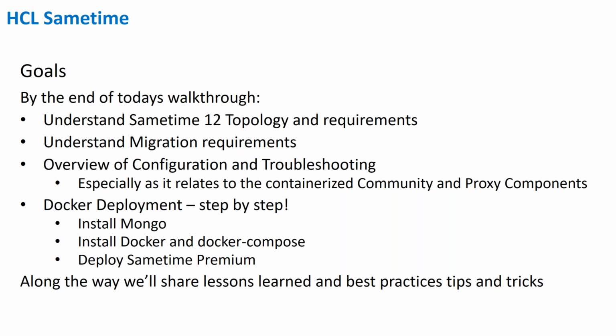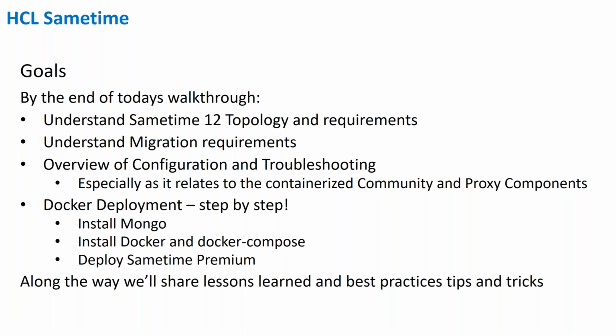A lot of those things will happen as I'm doing the deployment, because I'll be talking about it while we're waiting for a command to complete. Because a Docker deployment usually only takes about 30 minutes and we have an hour, I'll also go through some of the actual troubleshooting and configuration steps that are in the documentation so that you can see how they're done live.